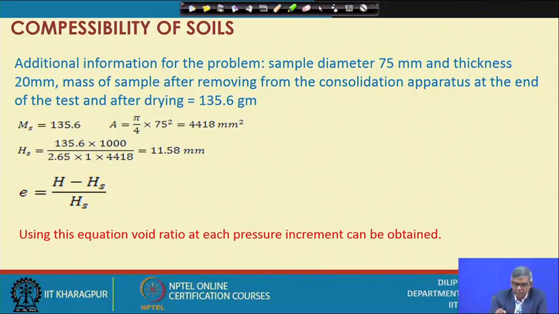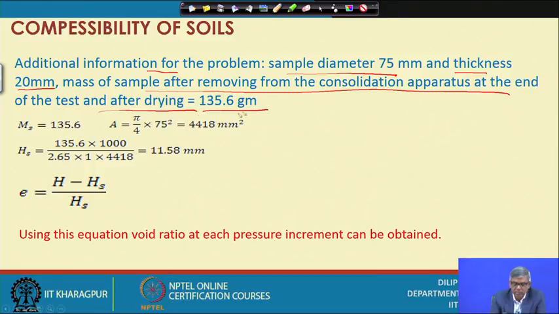Suppose this information is available: the sample diameter was 3 inches or 75 millimeter, thickness was 20 millimeter, and the mass of the sample after drying was 135 gram. That means after completion of the test we kept it in the oven and dried it, and the dry mass was 135.6.